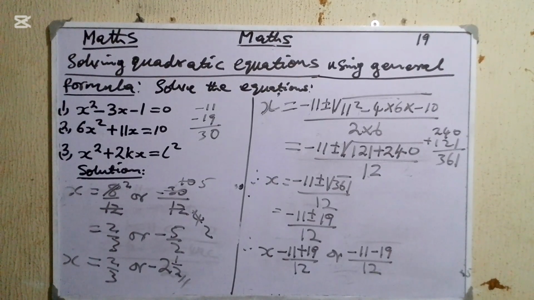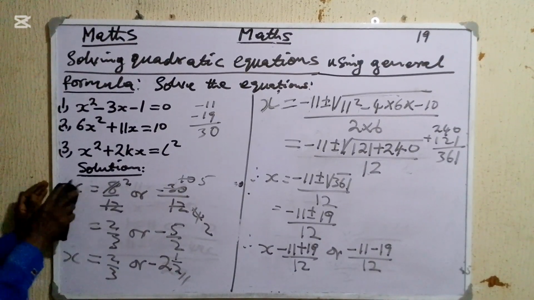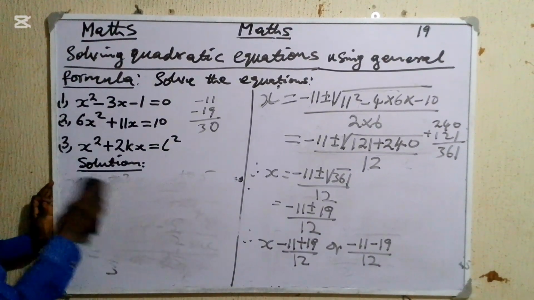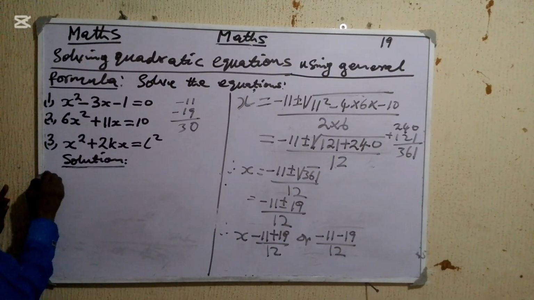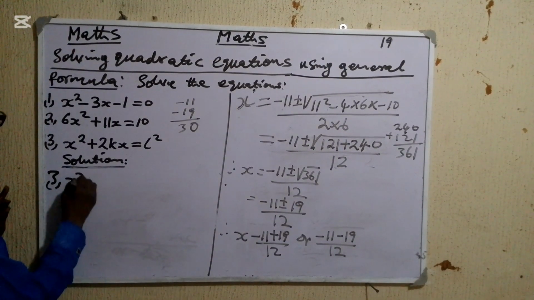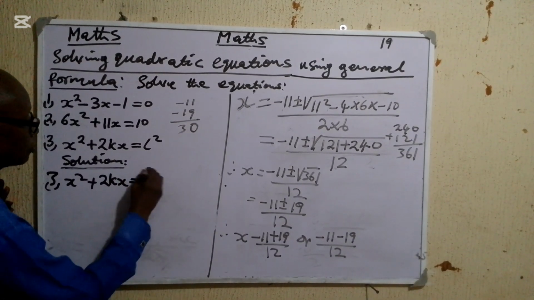So, to continue with number 3, we have to put down the question. Number 3 is x squared plus 2kx is equal to L squared.